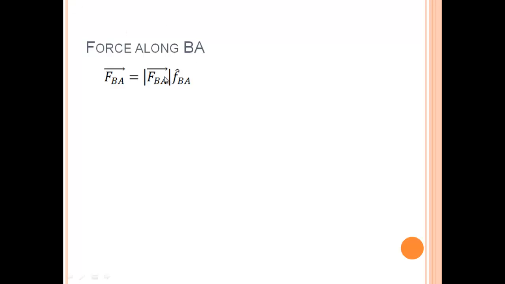We are given the magnitude of the force, however, we will need a unit vector to determine the direction. We can obtain this unit vector through a distance vector pointing from B to A and the magnitude of that distance vector from B to A.